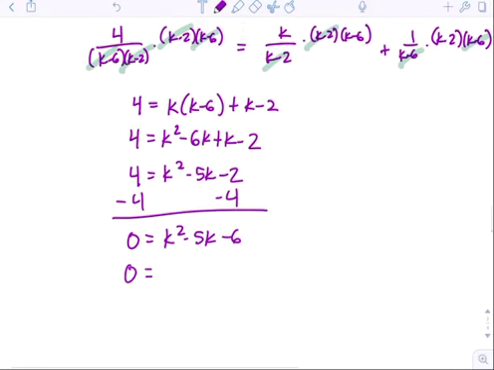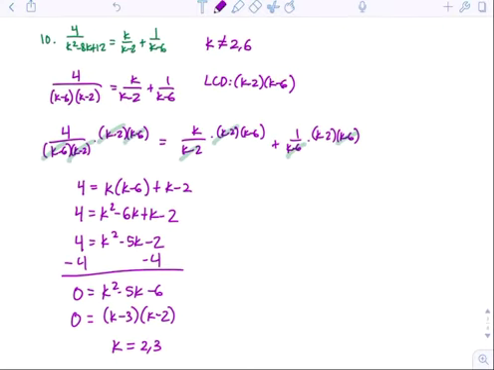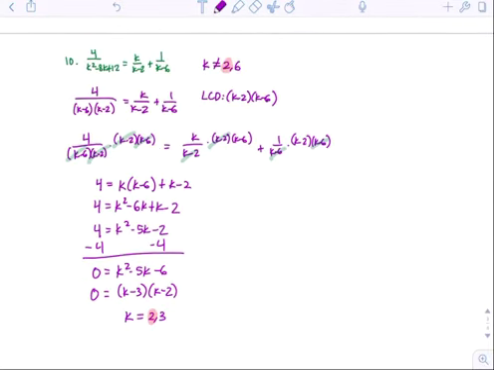So factors of this, you guys, it's going to be k minus 3 and k minus 2, which means k is going to equal 2 and it's going to equal 3. Now, if you guys look at number 10, do you notice that this one is the same as that one, which means 2 cannot be your answer. So your answer should be k has to equal 3.